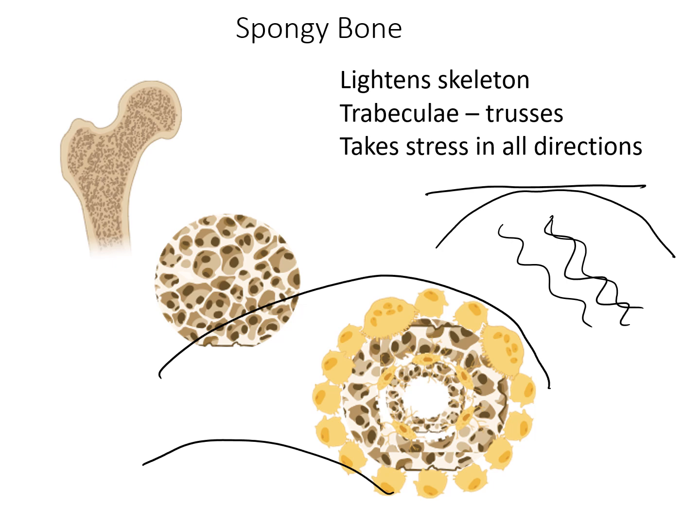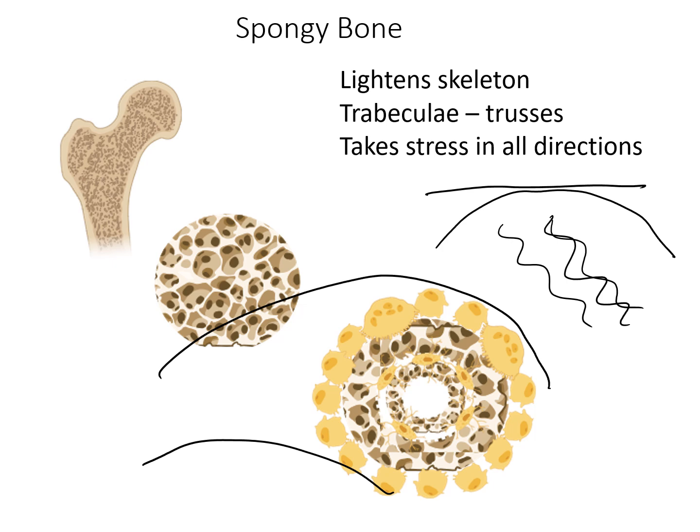Because these trabeculae are found in spongy bone in almost infinite orientations, spongy bone can take stress from all directions, making it quite superior to the compact bone, which is only able to withstand force in one direction.